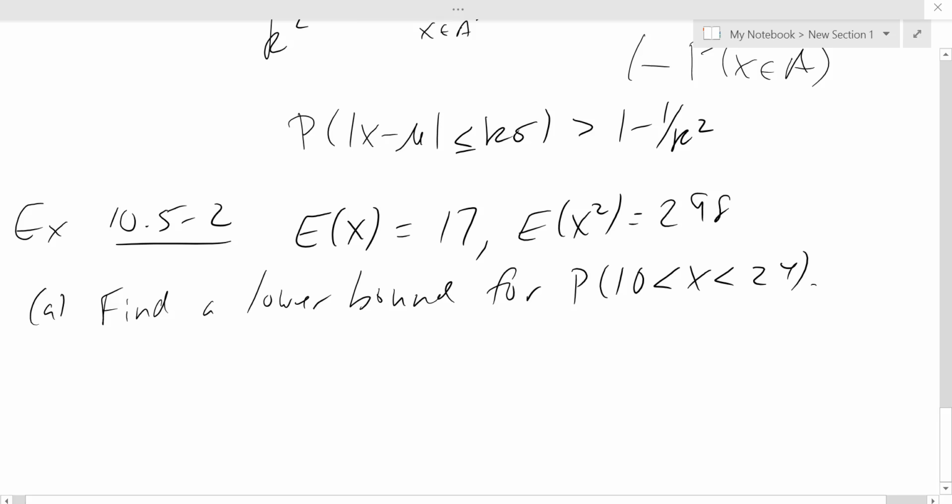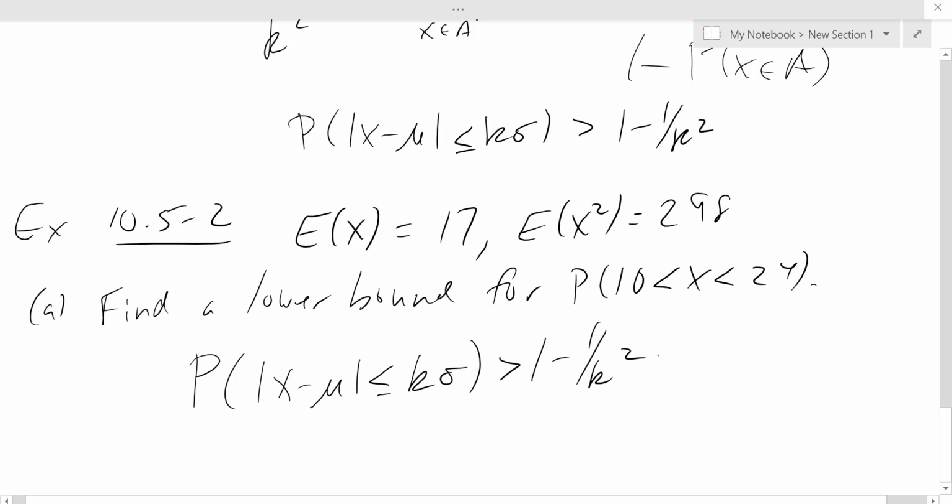All right, so we want to try to write this in terms of Chebyshev's inequality so that we can figure out what that lower bound is. So that's Chebyshev's inequality, all right? Notice by lower bound, it means that we're showing that the probability is greater than something. That's what the lower bound part means.